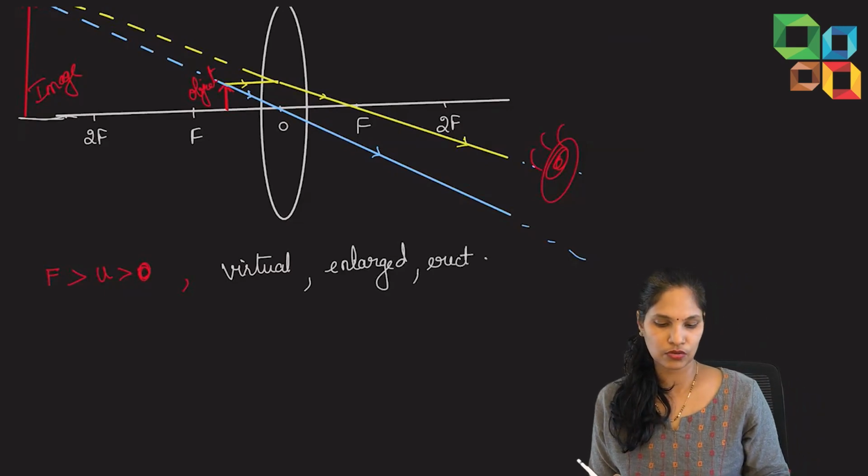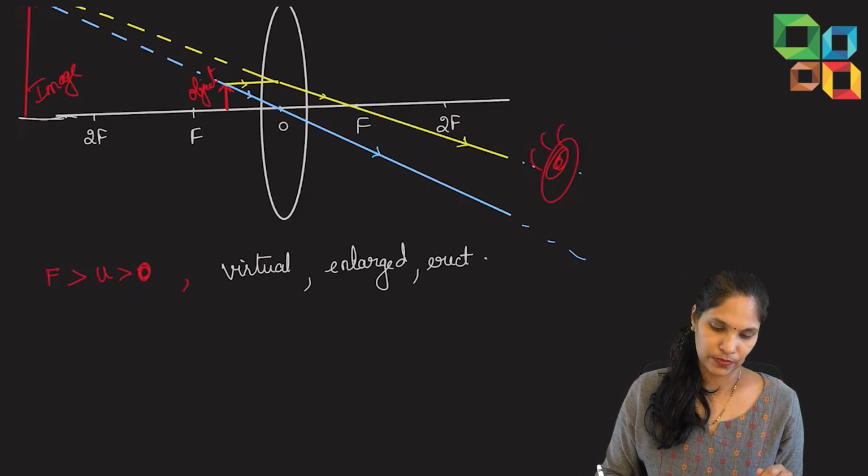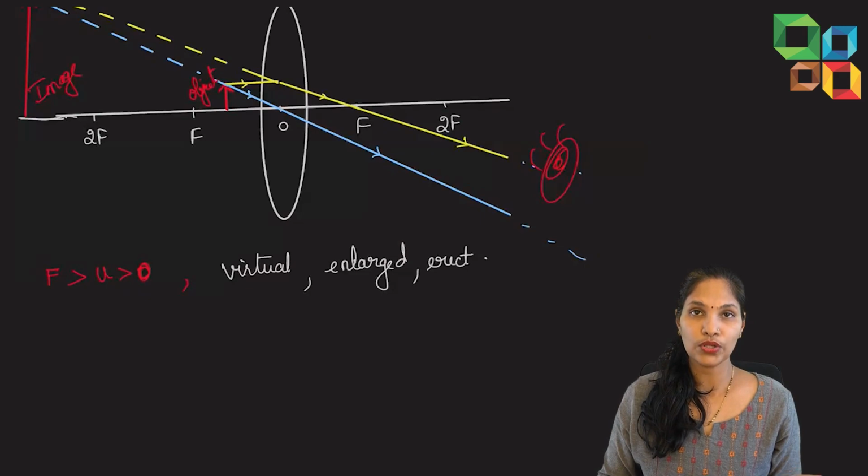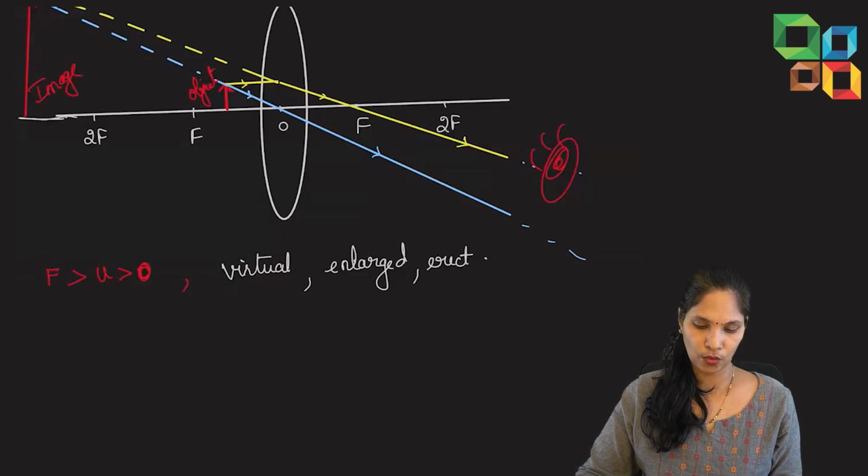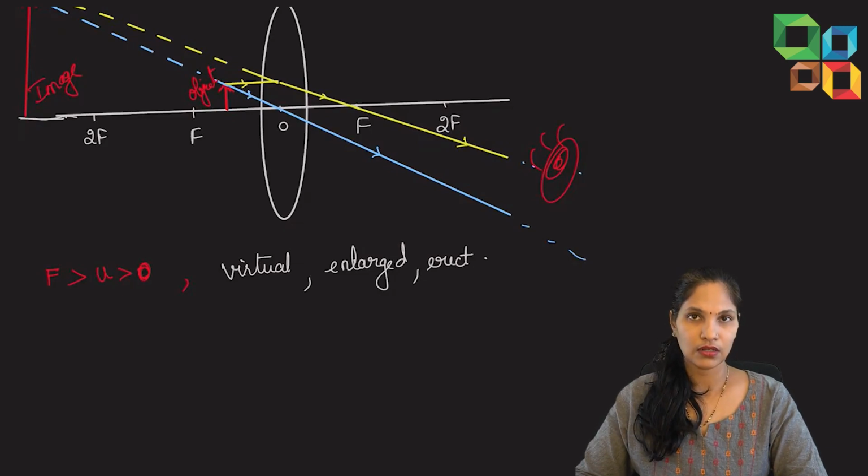Straight means erect. So erect, virtual and enlarged. This is what you get when you have the object between F and O. These are the different cases in convex lens.